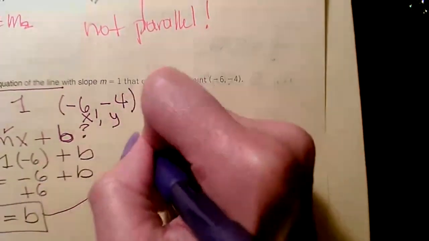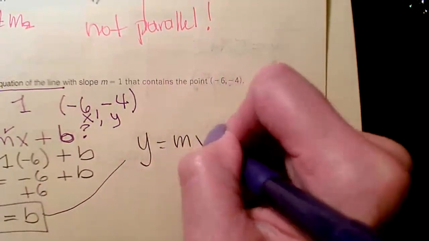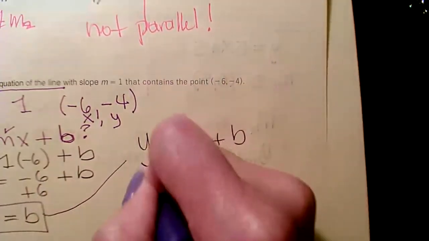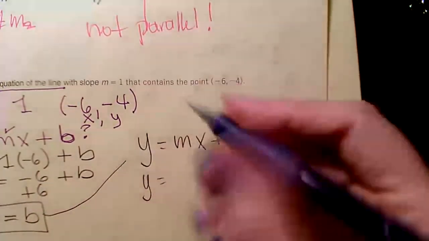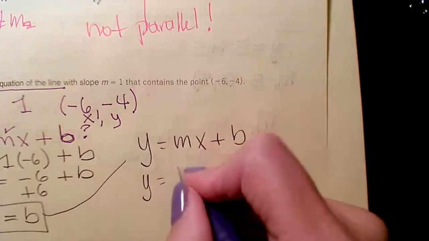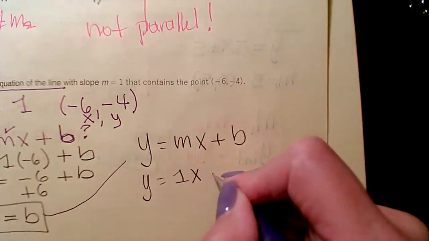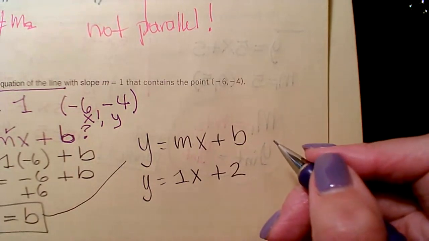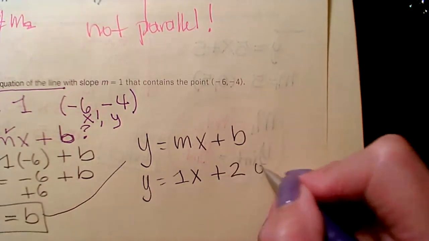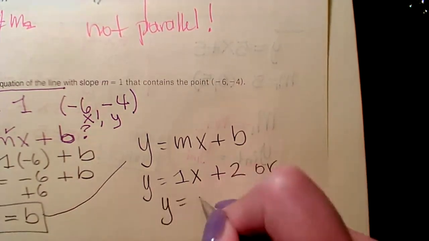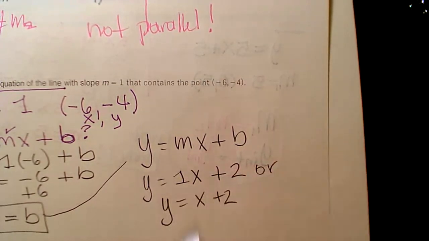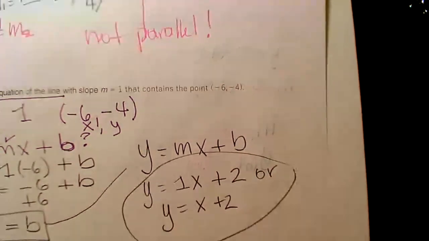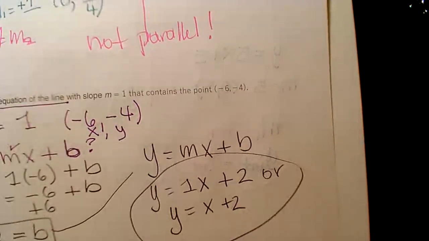Then we go back here, and y is what? 1x, right? And b is 2. You can write it this way or this way, x plus 2.